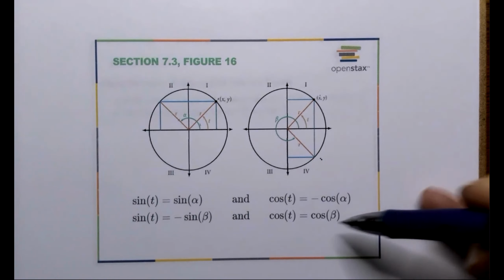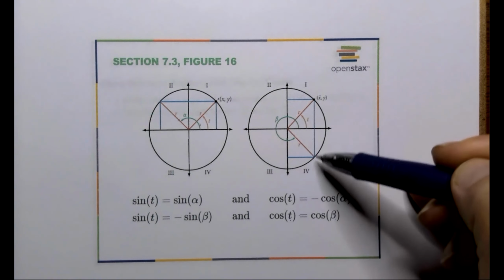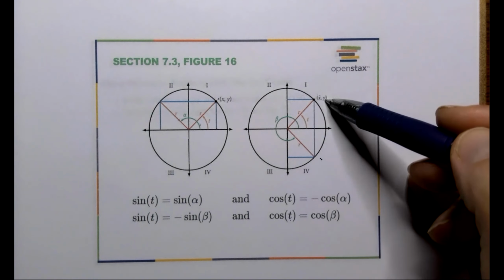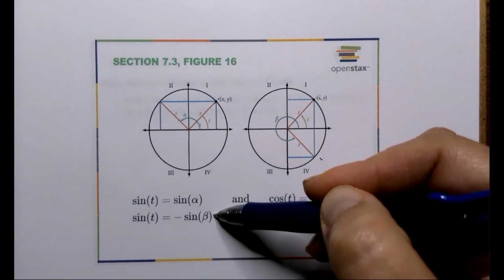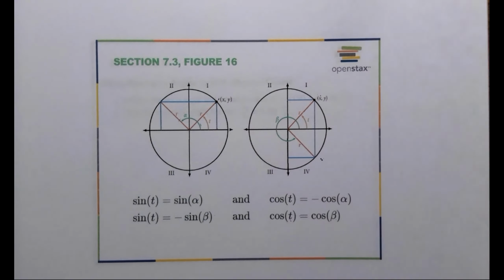Those are going to be the same, right? Cosine t equals cosine beta. But the sine values, which are y coordinates, they're opposite. This one is positive, this one is negative, so sine t equals the opposite of sine beta. Okay, so that's actually the same thing we were talking about.